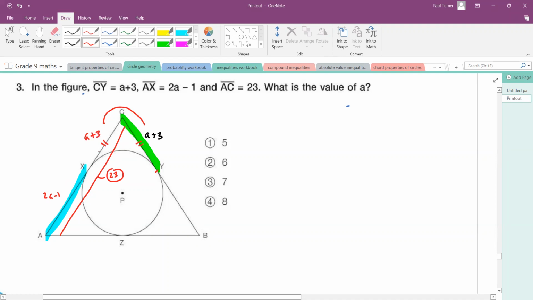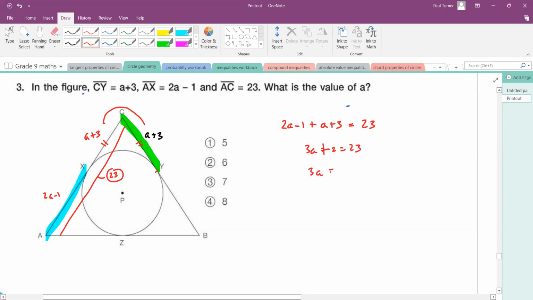So you can see now that the sum of these two sections, AX and CX, will add up to 23. So you'll have 2A minus 1 plus A plus 3 equals 23. So you've got 3A, and 3 minus 1 is 2, equals 23.